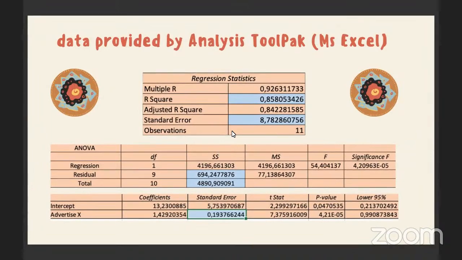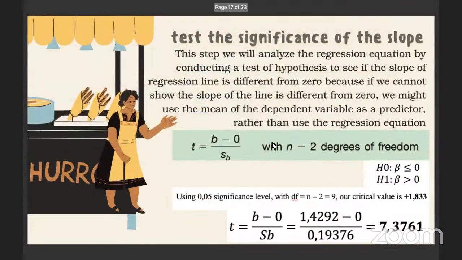Here it is, 0.193. So our null hypothesis is beta less than or equal to 0, and our alternative hypothesis is beta larger than 0. So we're gonna use the 0.05 significance level with 9 degrees of freedom, and we got our critical value of plus 1.833 because it is a one-tail test.